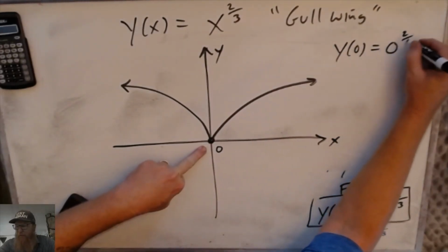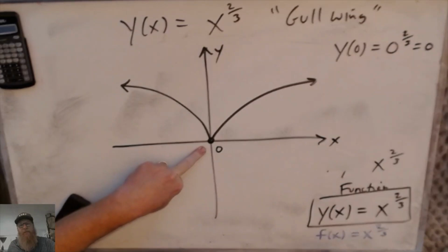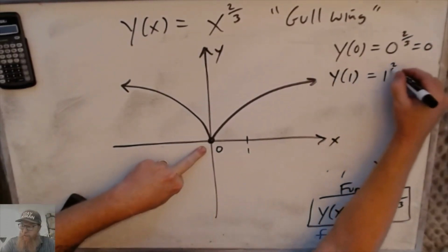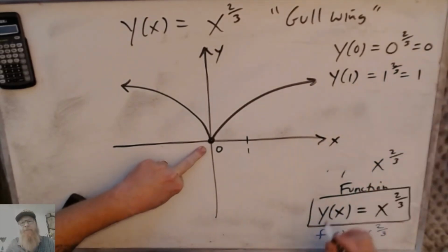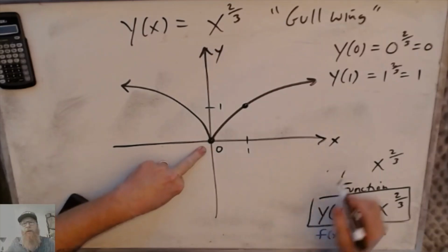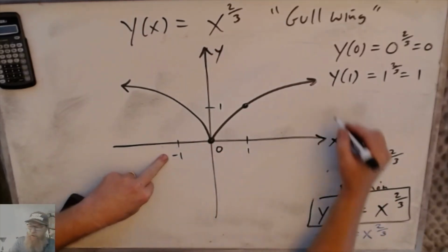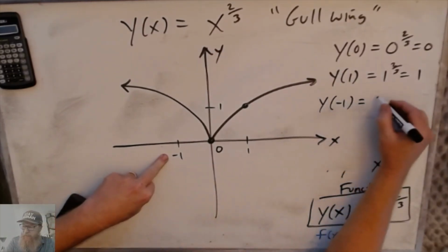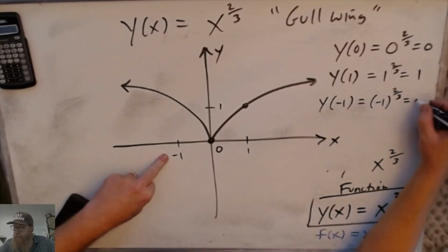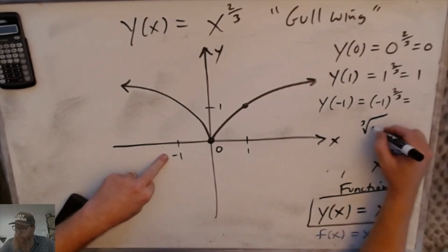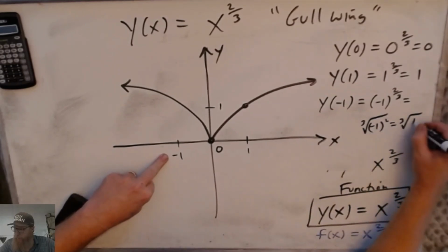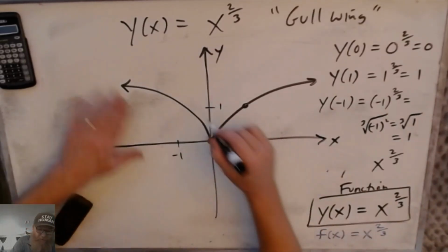It would be 0 to the 2/3, which is equal to 0. At 1, it would be 1 to the 2/3, which is 1. That would be the point (1, 1). And then over here at -1, it would be -1 to the 2/3, which is the cube root of -1 squared, which is the cube root of 1, which is still just 1.